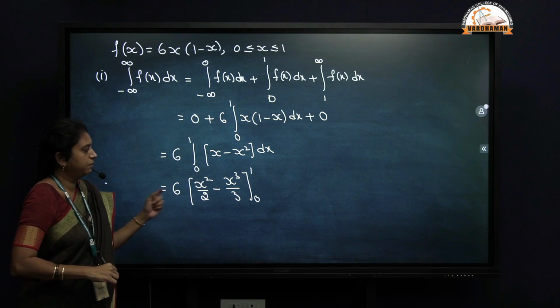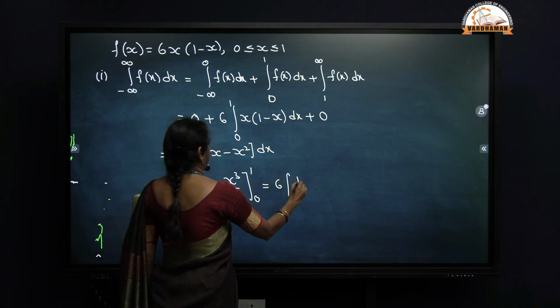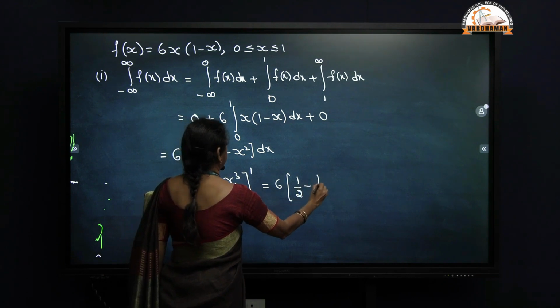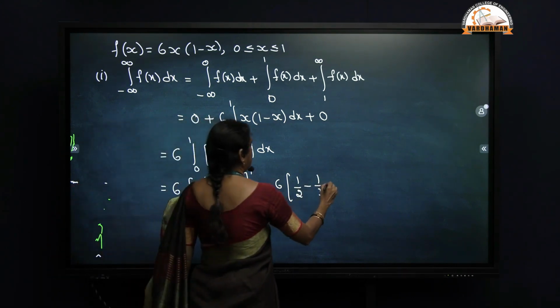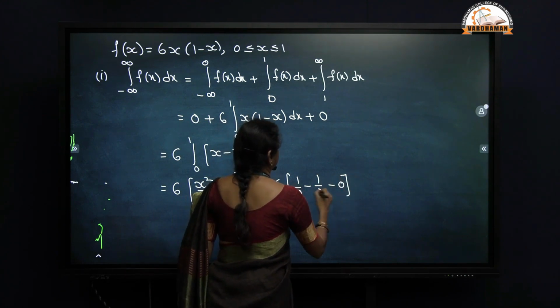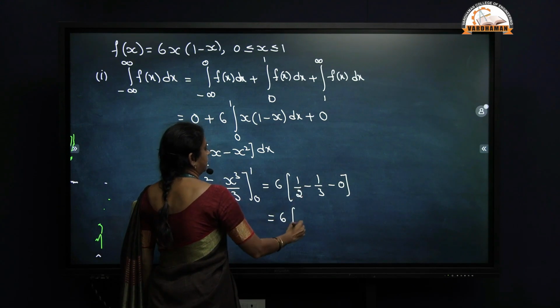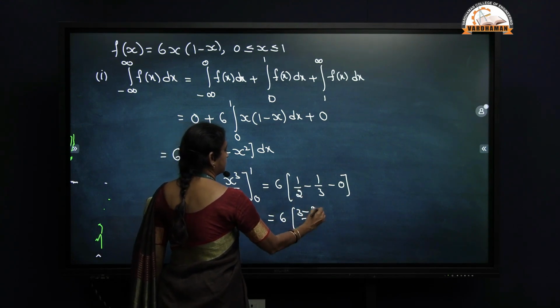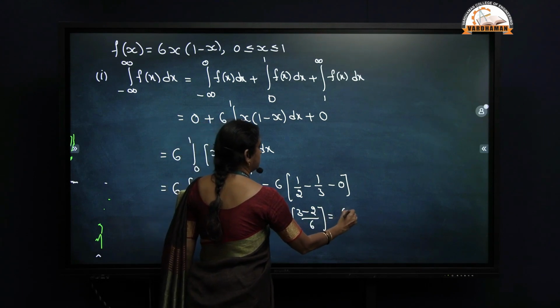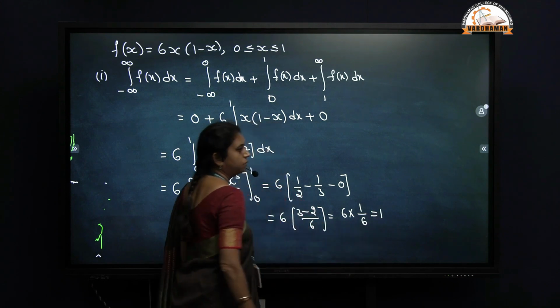Now we'll substitute the limits here. So this is equal to 6 into (1 by 2 minus 1 by 3), and substituting the lower limit, the value is 0, so this is minus 0. So we have 6 into (3 minus 2) by 6, that is 6 into 1 by 6, which is equal to 1.